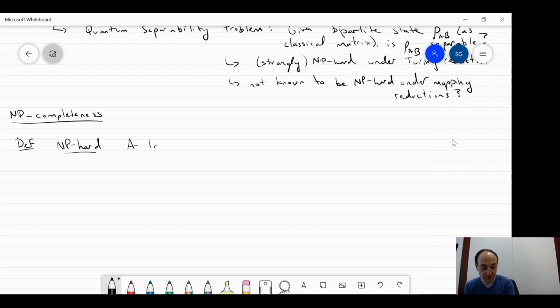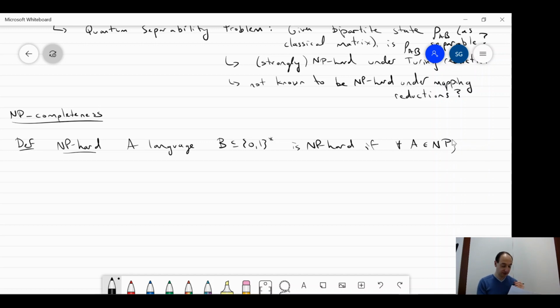What does it mean to say a language is NP-hard? This basically means that for all languages A in NP, there exists a polytime, so it's got to be efficient, reduction to B.